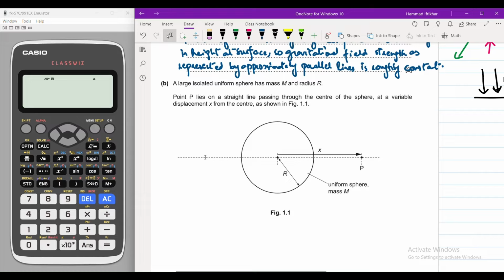A large uniform sphere has mass m and radius r. Point P lies on a straight line passing through the center of the sphere at a variable displacement x from the center. As you can see, the displacement is outwards from the planet.